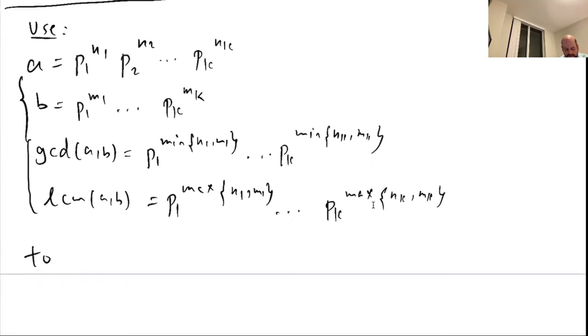So use this to show that GCD of A and B times LCM of A and B equals A times B.